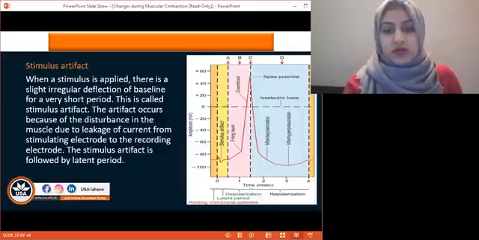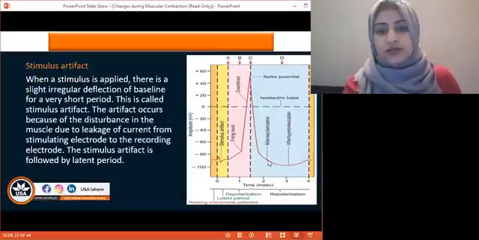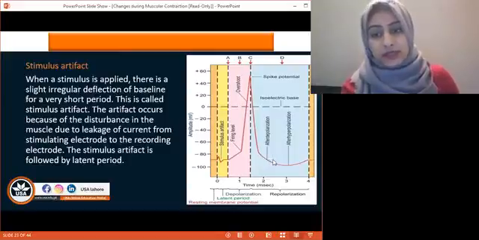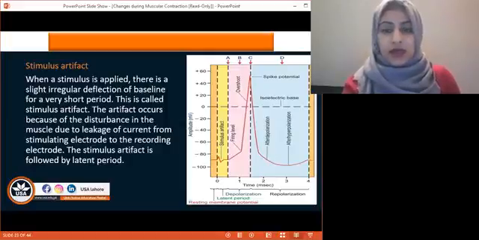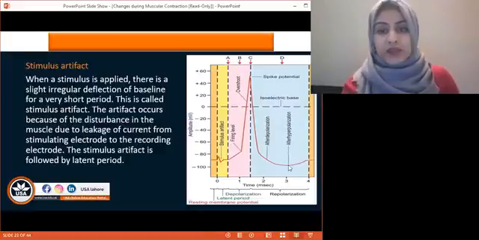So what you're seeing over here is that after the slow repolarization, the muscle, which is at minus 90 millivolts, is still slowly relaxing, still in the phase of repolarization, and it goes into hyperpolarization. And after hyperpolarization, it again goes back into the state of resting potential.